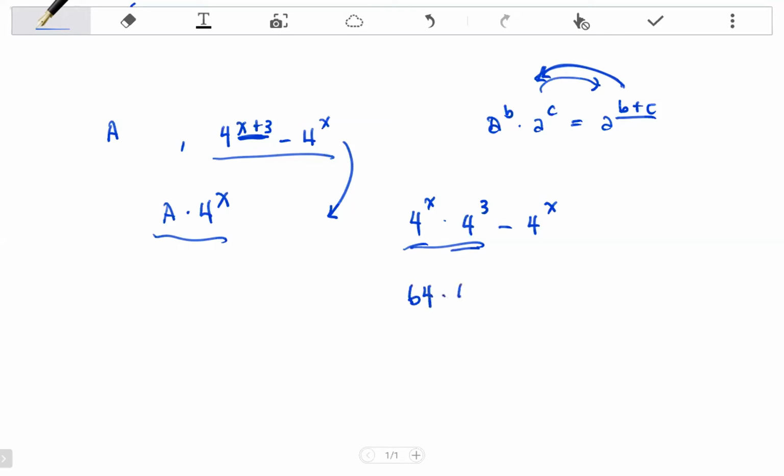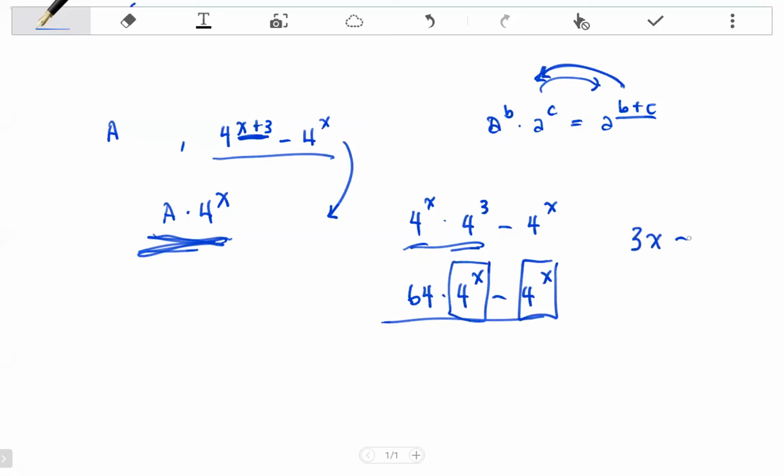So we can rewrite this as 64 times 4 to the x minus 4 to the x. So here we're not done. We still want it as 1 term here since it's a times something. So we want to simplify this to 1 term. Well, how can we do that? This is just going to be like any other variable, right? For example, 3x minus x.